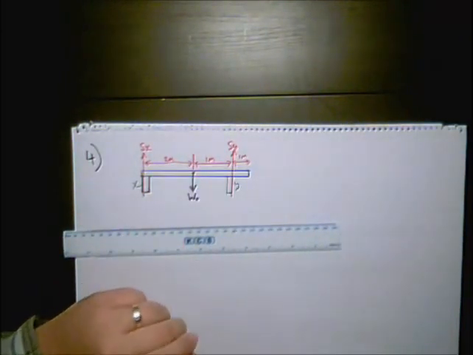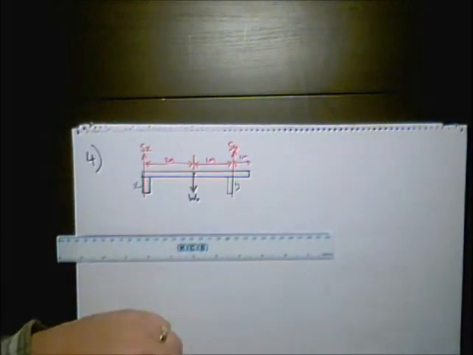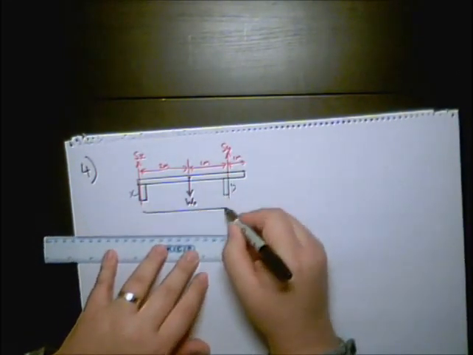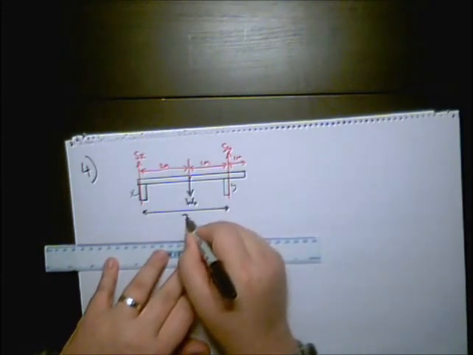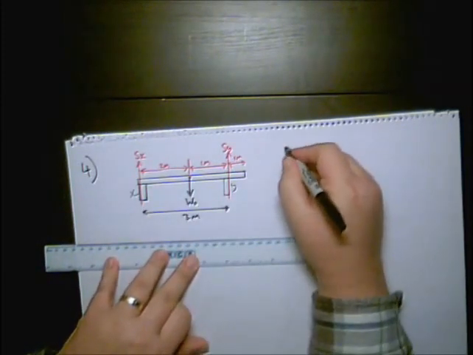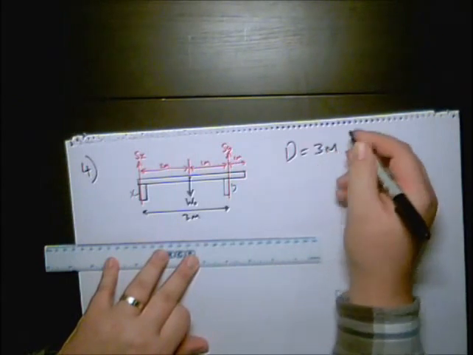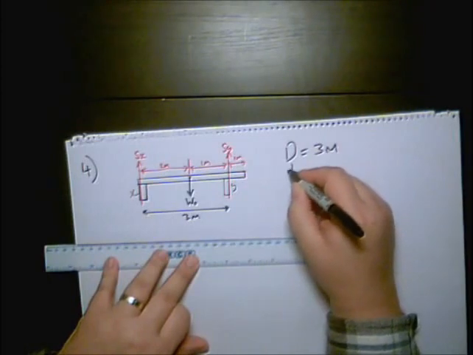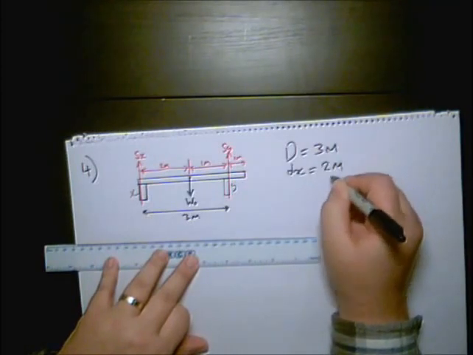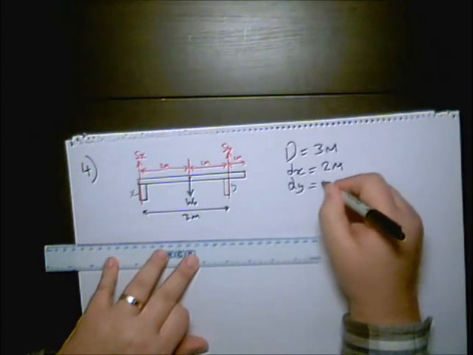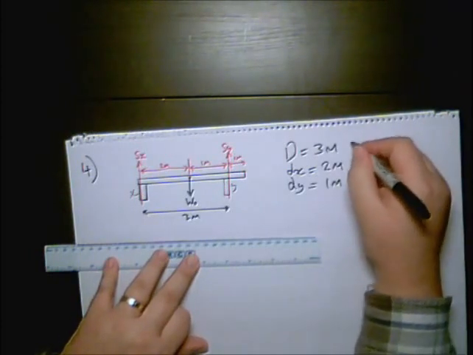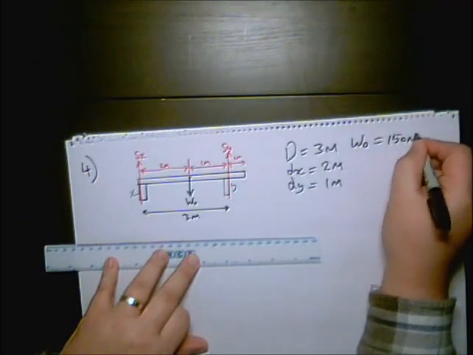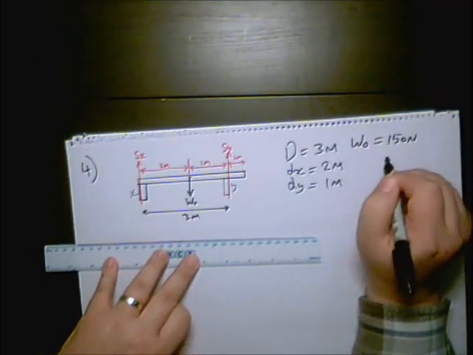So, building up our shopping list then, we need a distance D, which will be 3 metres. Our distance from X to the centre, dx, is 2 metres, our dy is 1 metre, and our W0 is 150 newtons, as given in the question.